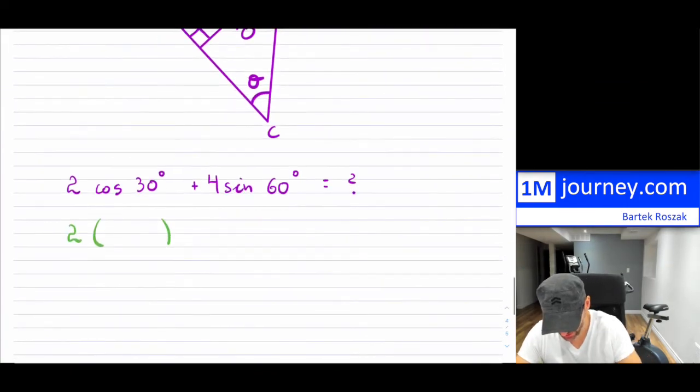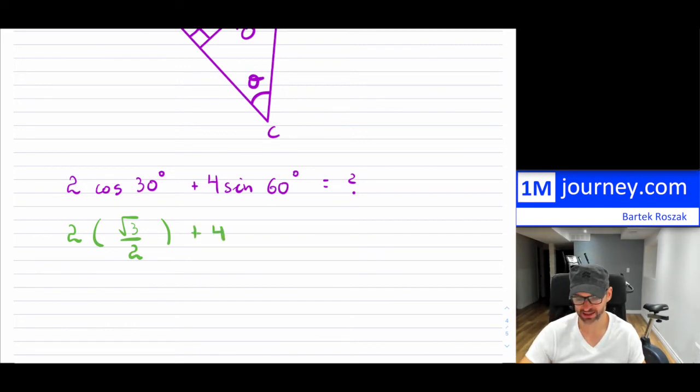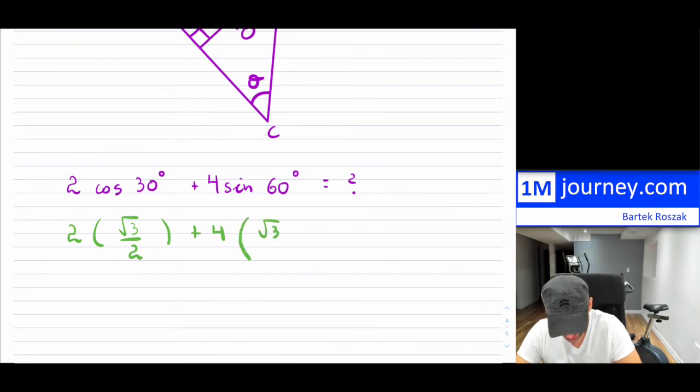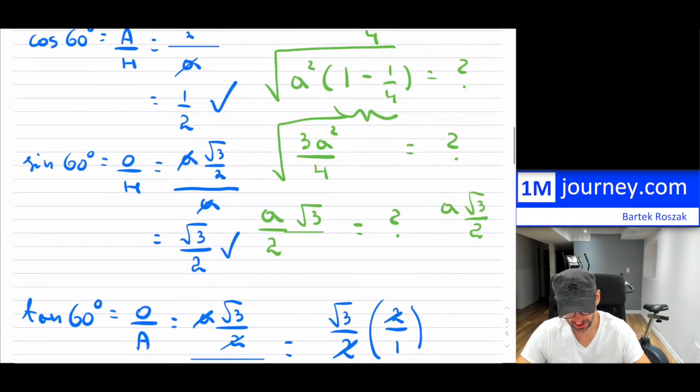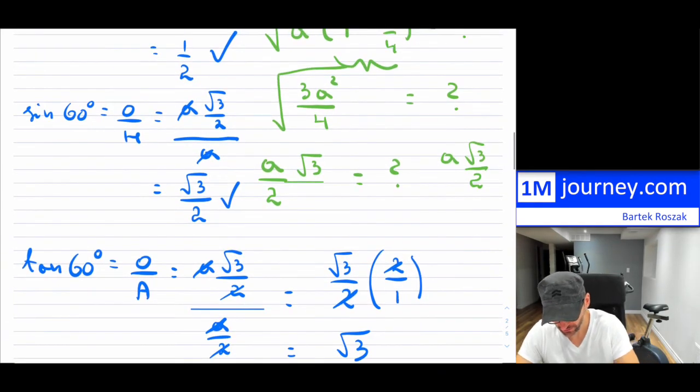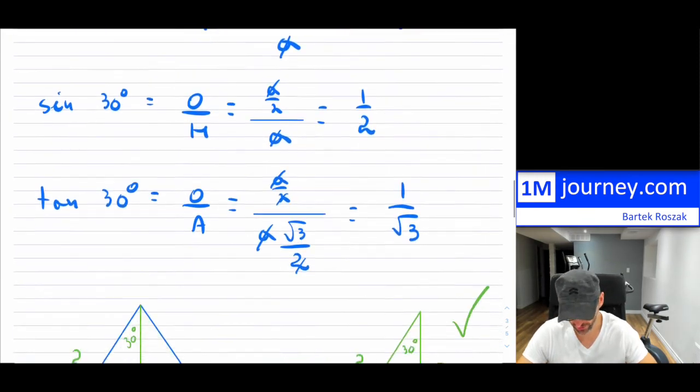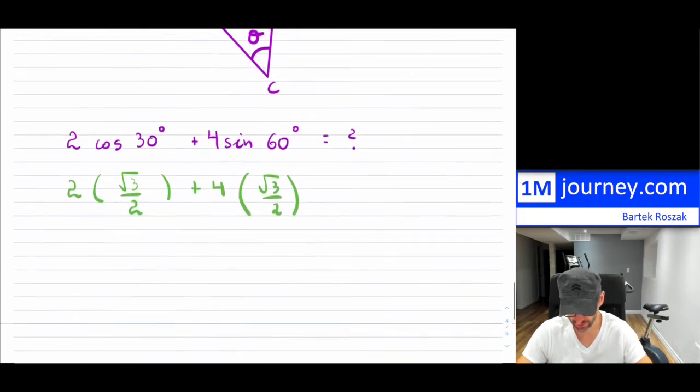So this is square root of 3 over 2 plus 4, now multiplying sine of 60 degrees. If you remember, 30 and 60 are kind of swapped, so this is also going to be square root of 3 over 2. Let me go back to show you: here's your sine of 60, which is square root of 3 over 2, in case you were doubting.